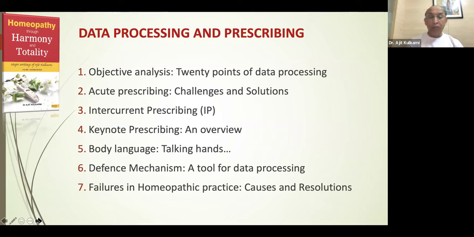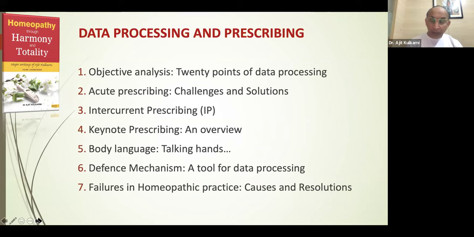The first chapter is objective analysis. I have offered 20 points of data processing. You know, a big problem in homeopathy is lack of standardization. Because of the principle of individualization, we have a huge problem in making homeopathy standardized.